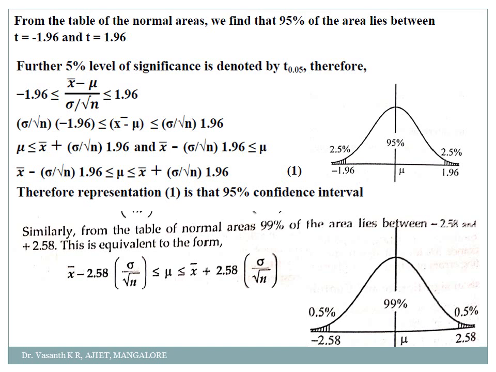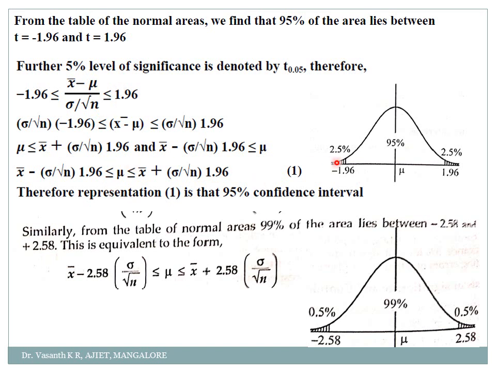One is the 95% confidence interval and the other is the 99% confidence interval. For the 95% confidence interval, the area will lie between the values minus 1.96 and plus 1.96. And for the 99% confidence interval, the area will lie between minus 2.58 and plus 2.58. You give this explanation first. Then you write these calculations.